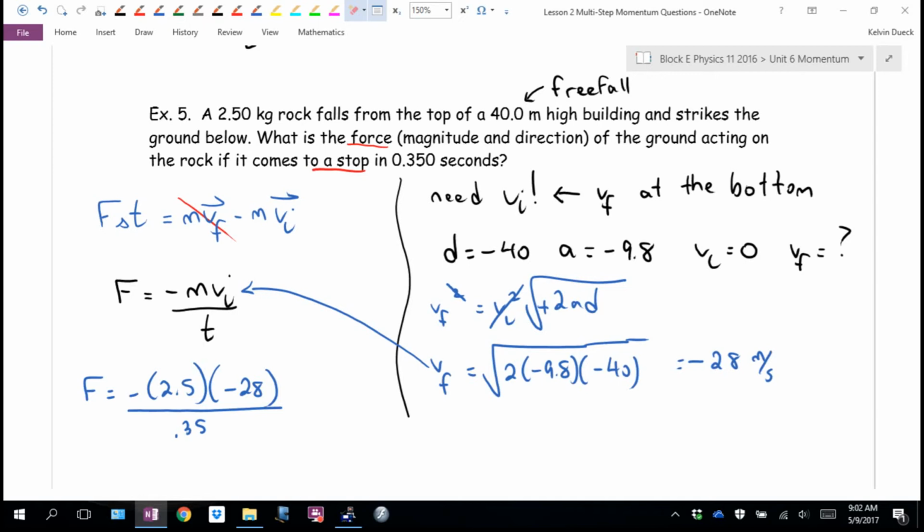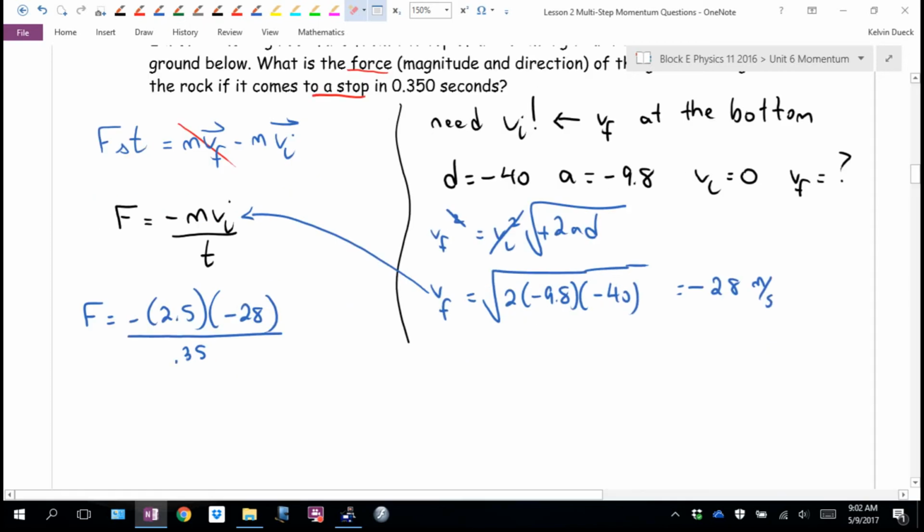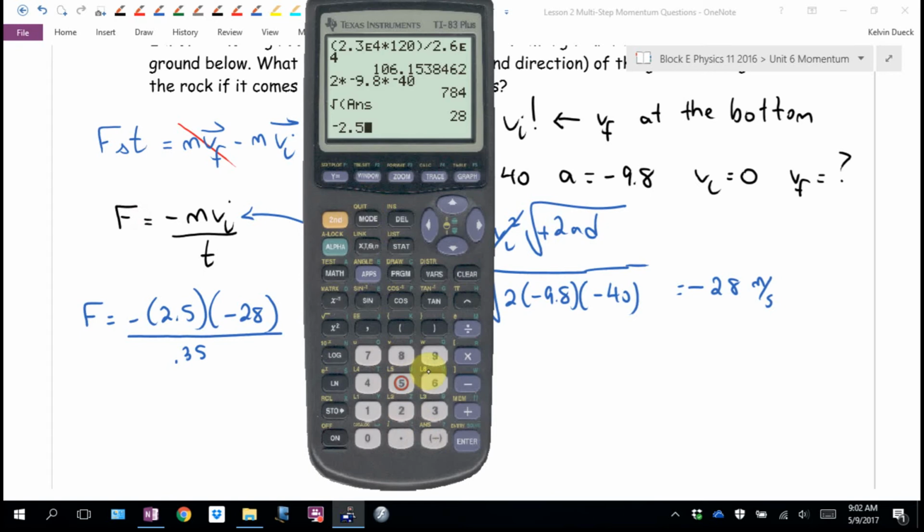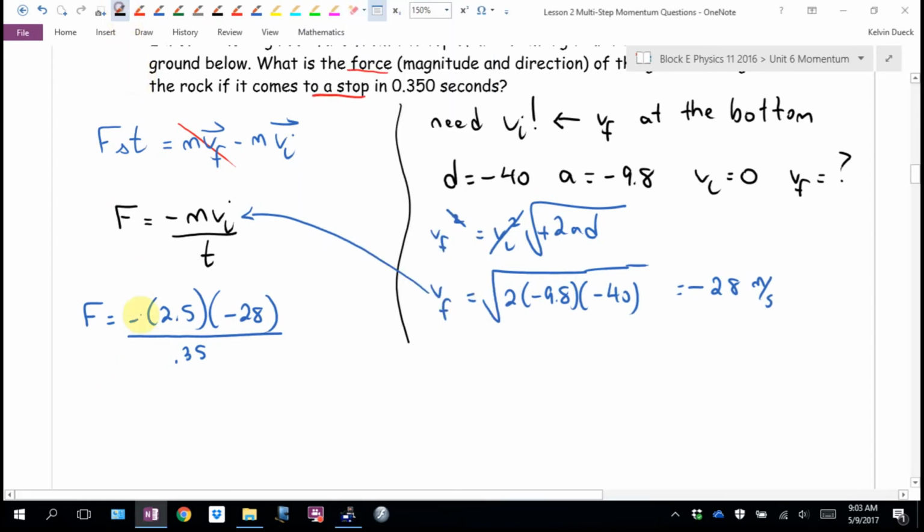Okay? But there's a lovely algebraic proof. I'm going to get negative 2.5 times negative 28 divided by 0.35. Holy smokes, this worked out evenly. Is it 200? Yeah. F equals 200 newtons. And it did say magnitude and direction in brackets next to the force.